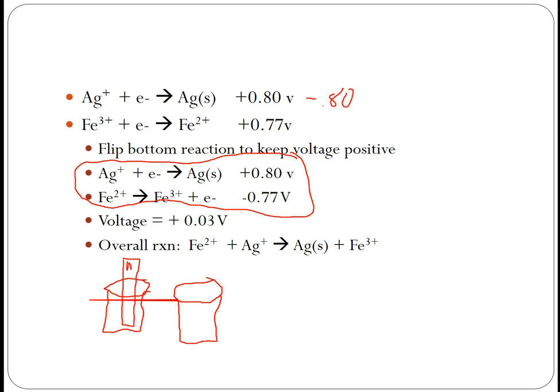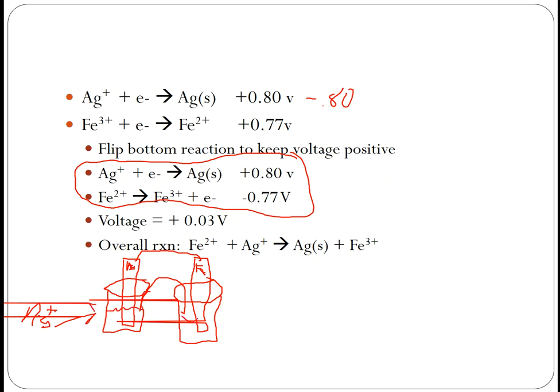So this is Ag. And then we're going to have a piece of iron in the other half cell. That's Fe. We're going to connect it with a wire and with a salt bridge. And then in the silver cell, we're going to have silver ions, probably from silver nitrate. That's what we're going to put in there.